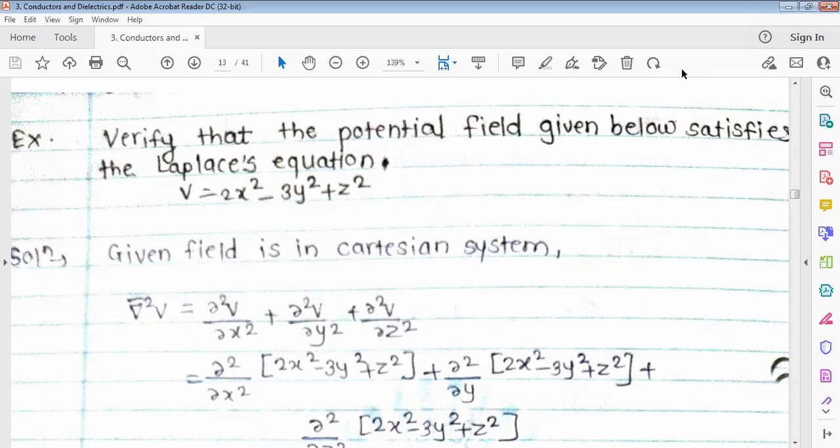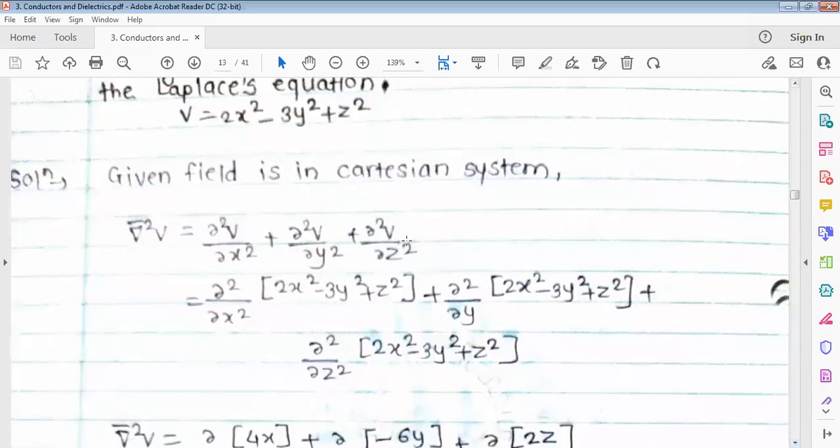If they give you r, phi and z, meaning some angle, then it is a cylindrical coordinate system. If they give you two angles, then it is a spherical coordinate system. So the given field is in the Cartesian system.